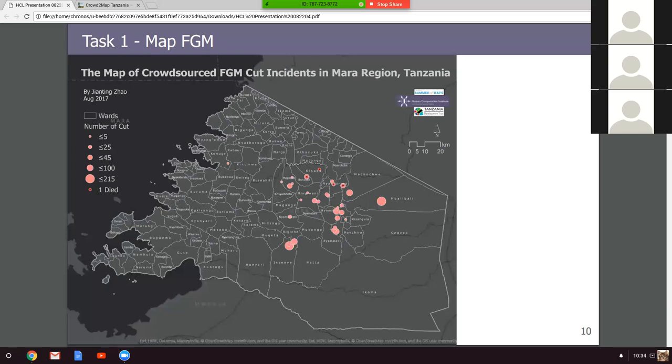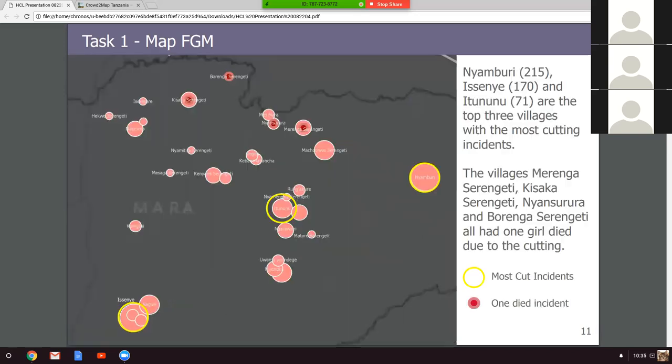Here's an overview of all the FGM incidents. Larger circles mean more cut incidents happened in that village. The red dots indicate there's a death case in that village. If you take a closer look, Nyamburi, Isenye, and Itununu are the top 3 villages in terms of cut incidents.